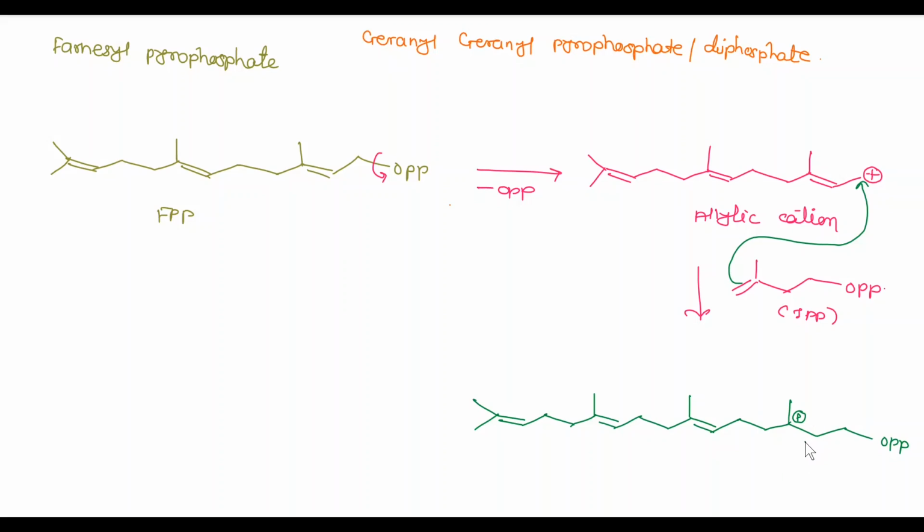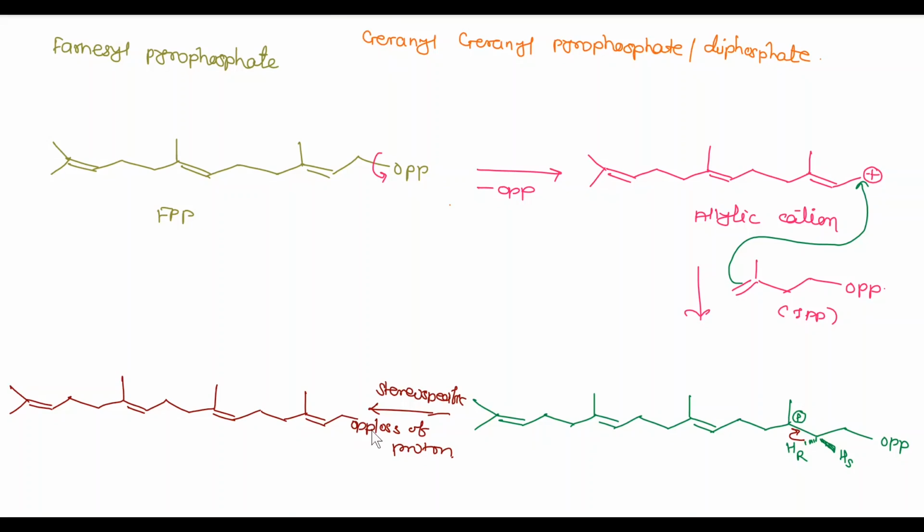In the next step, stereospecific loss of this proton gives GGPP. This is called GGPP, that is geranylgeranyl pyrophosphate or diphosphate.